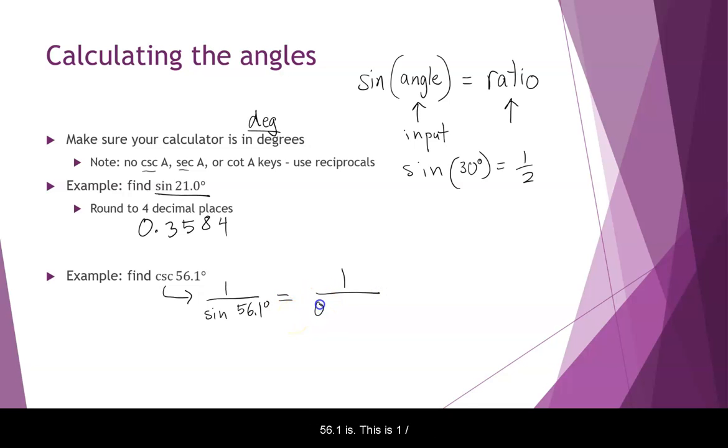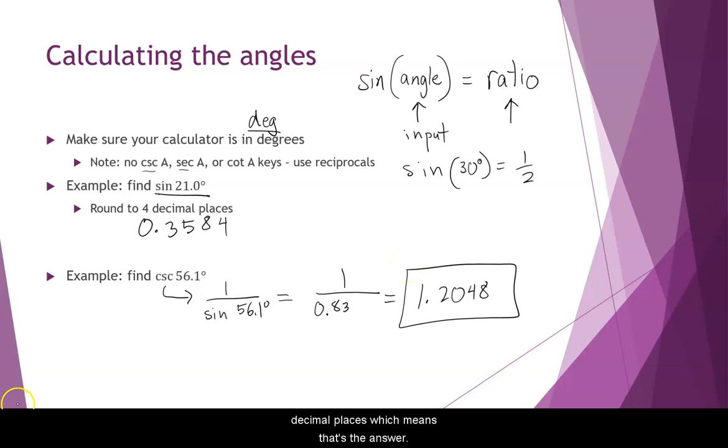This is 1 over 0.830012. I'm just going to actually leave it at 0.83. So 1 divided by 0.83 equals 1.204819. I'm going to round it to 4 decimal places, which means that's the answer.